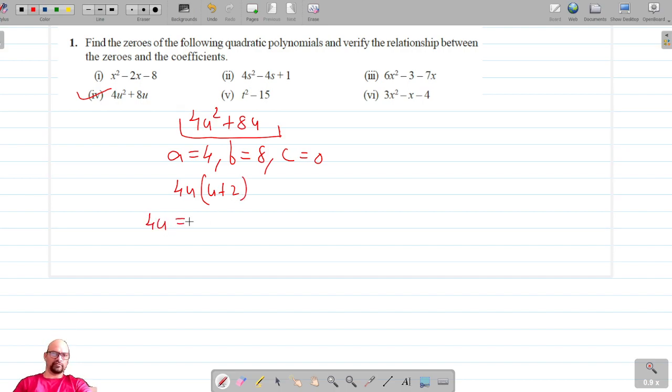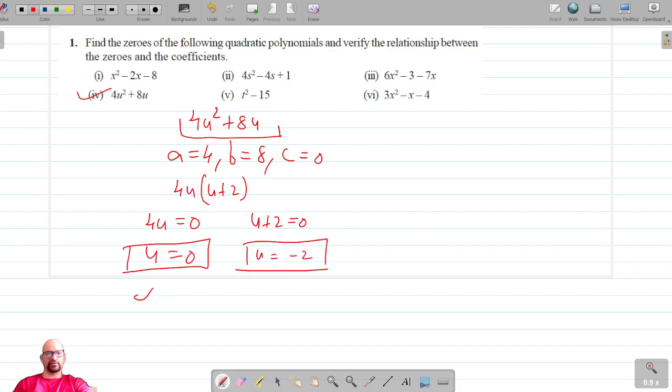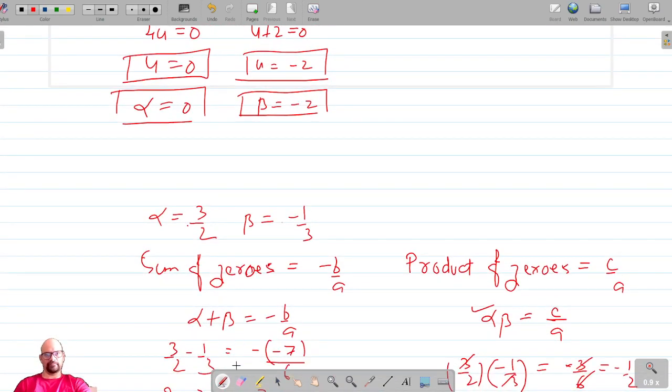And if I put 4u is equal to 0 and u plus 2 is equal to 0, this gives me u is equal to 0 and u is equal to negative 2. So alpha is 0 and beta is negative 2.